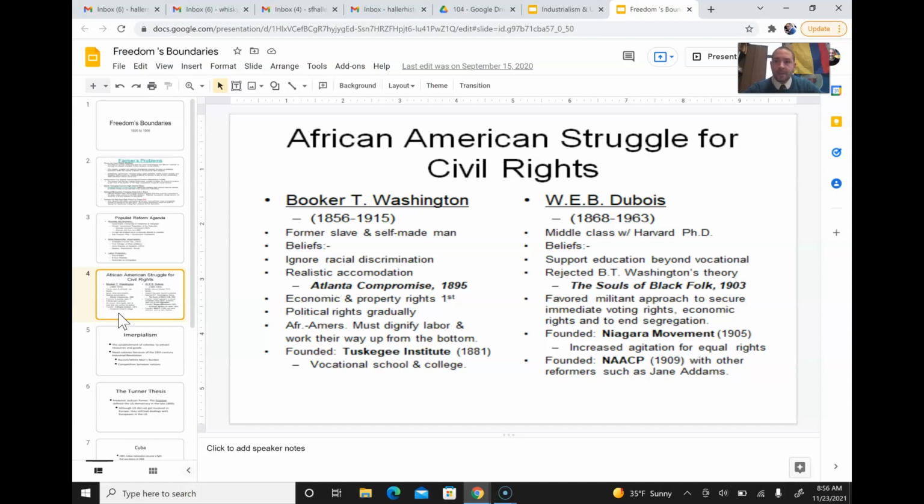So places like the south side of Chicago and Harlem, Philadelphia, Washington, D.C., Cleveland, Cincinnati. And they're looking for jobs in those places because those are booming urban and industrial environments, and they're moving there.